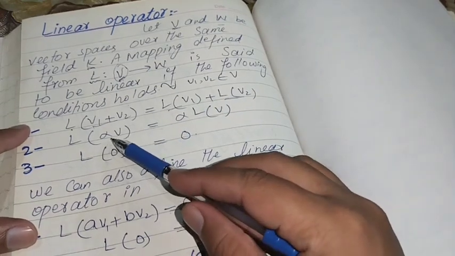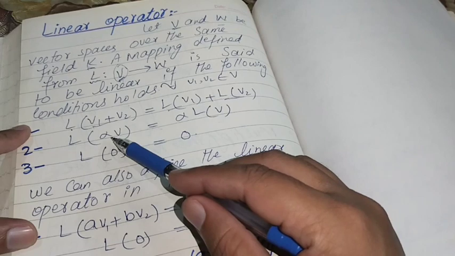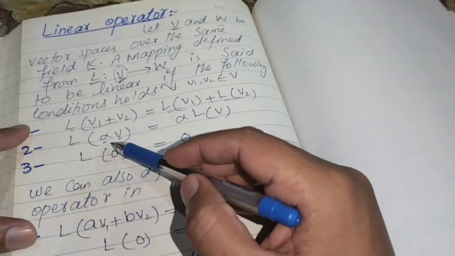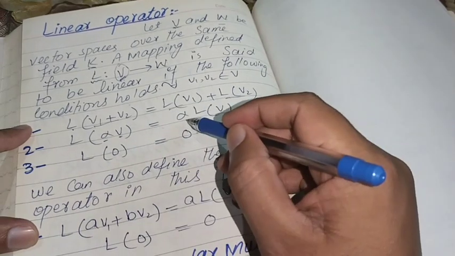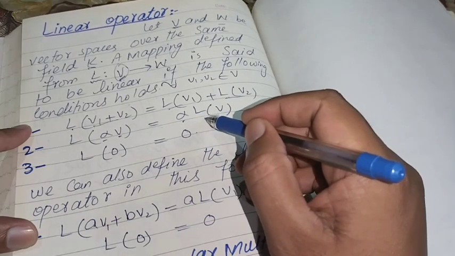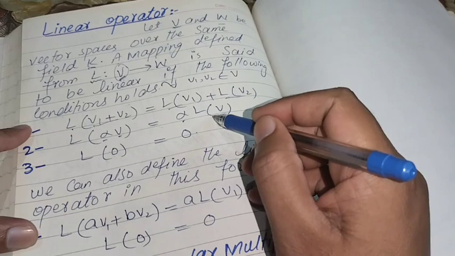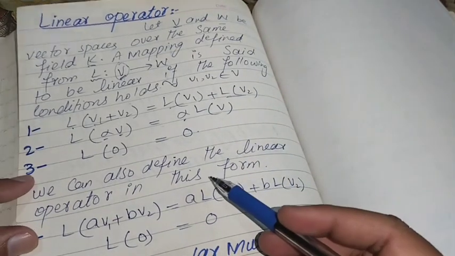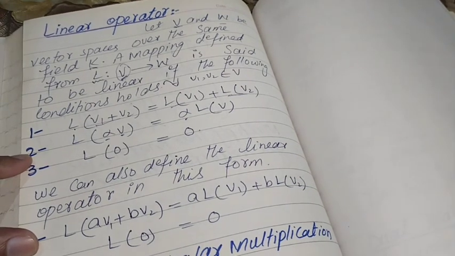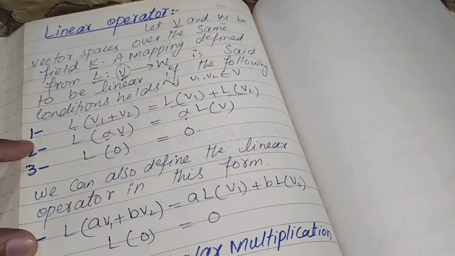The second condition is scalar multiplication. If we multiply some vector by some scalar alpha, then this scalar alpha comes out of the linear mapping, and we write alpha times L of V. About the third condition, we say that every linear operator applied to the zero vector gives the zero vector.